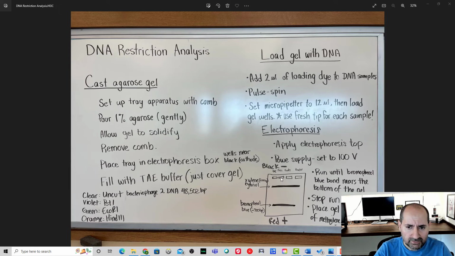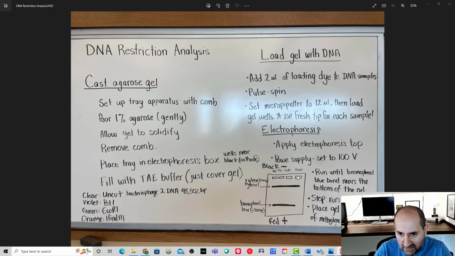To the next well, we added the same bacteriophage DNA, which was cut with the enzyme PstI, the restriction endonuclease, which cuts at palindromic sequences, right? These endonucleases, these restriction enzymes, cut at palindromic sequences. PstI cuts at a particular palindrome, EcoRI cuts at a different palindrome, and HindIII cuts at yet another palindrome.